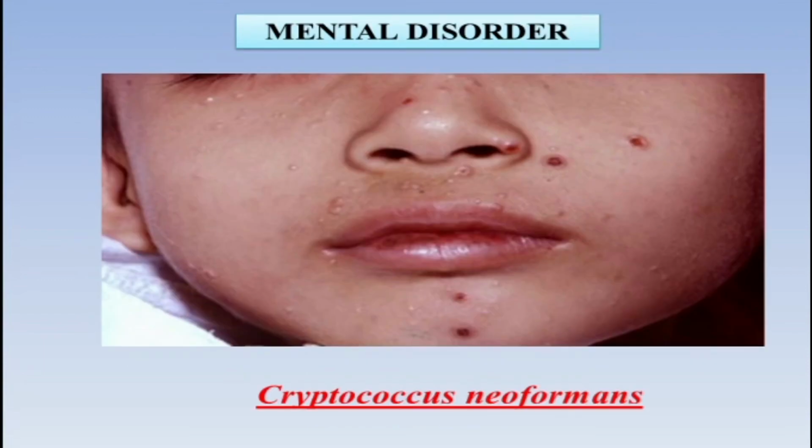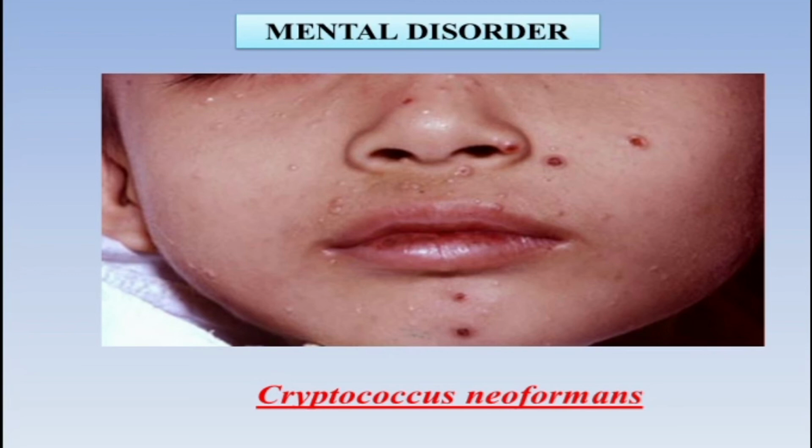And mental disorder: Cryptococcus neoformans. This fungal microorganism lives inside our lungs. It can survive for many years, and it travels to the brain.